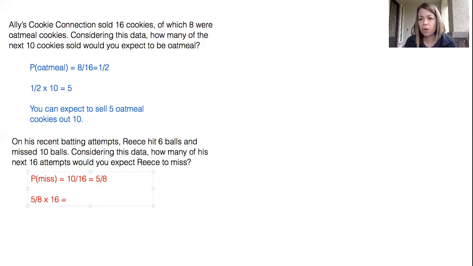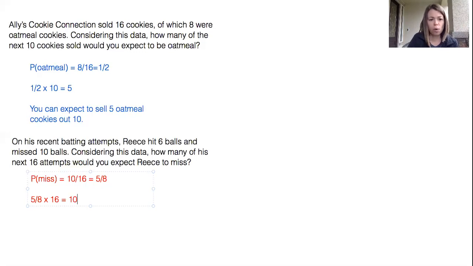Now if you can't remember how to multiply fractions times whole numbers, the way that I do it, and if you're using a calculator, you can do it this way too, is I take the numerator 5, multiply by 16, and then divide by 8. Okay, so I do 5 times 16 divided by 8. Because remember, there's that invisible 1 under the 16, and you multiply straight across. So you end up doing 5 times 16 on the top, 1 times 8 on the bottom, and then you can divide. So if you do that, you get 10.